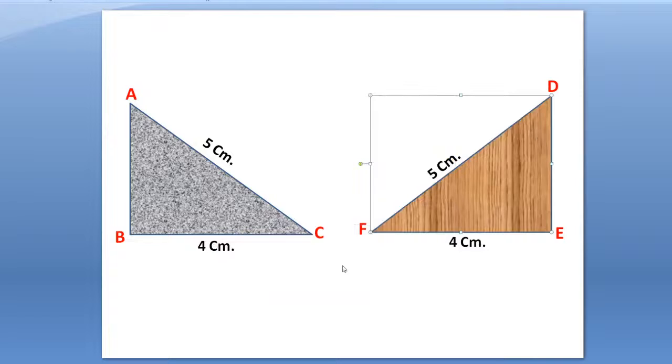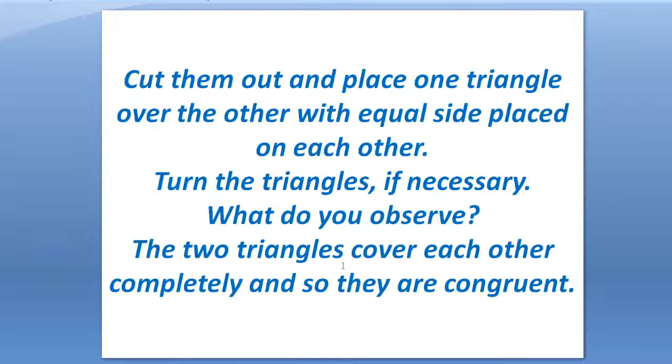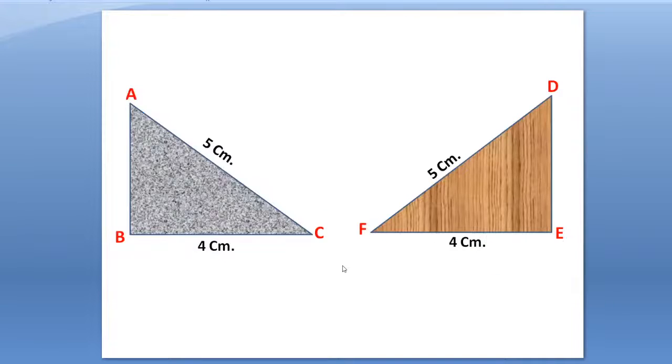But I will explain it another way. Triangle ABC and triangle DEF: 4 centimeter BC, 5 centimeter AC, 4 centimeter EF, 5 centimeter FD. So cut them. I can't cut here because of some problem.